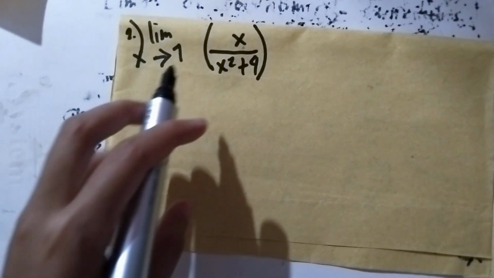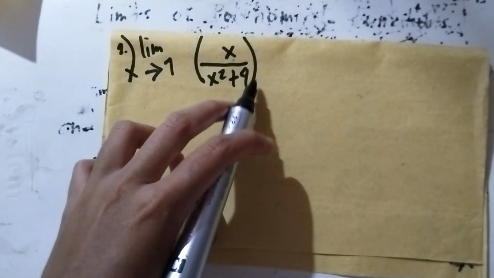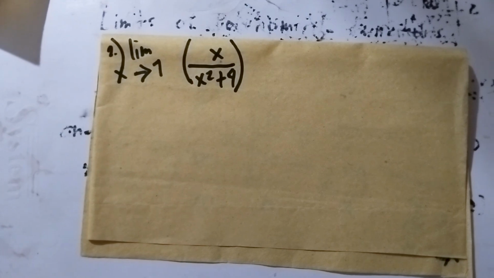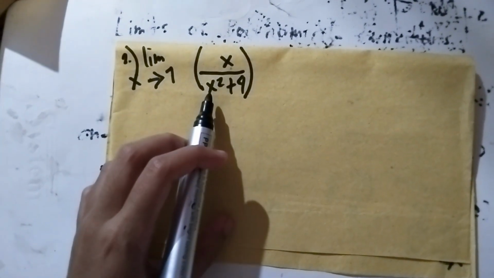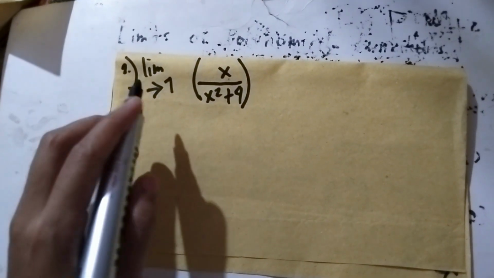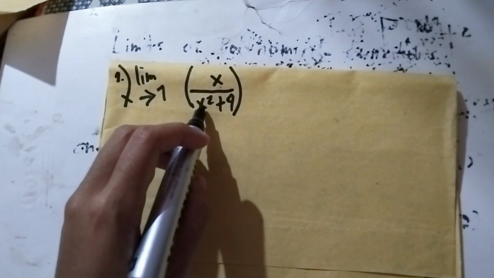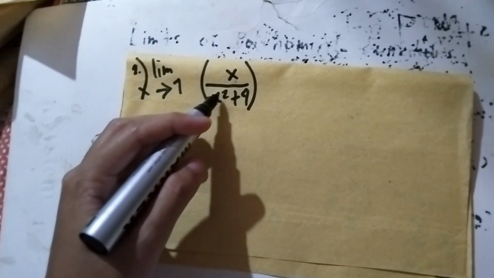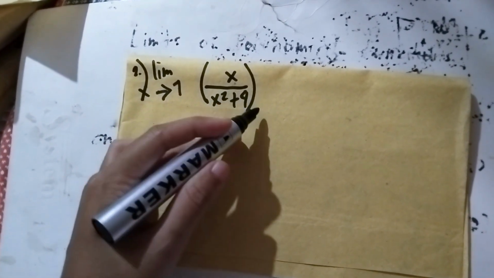To solve another equation, the limit of x all over x squared plus 4 as x approaches 1. So again, we can direct substitute if the denominator dili siya ma 0. So as we notice, if we substitute 1, 1 squared equals 1 plus 4, so 5. So dili man ma 0 ang denominator, so we can direct substitute it.